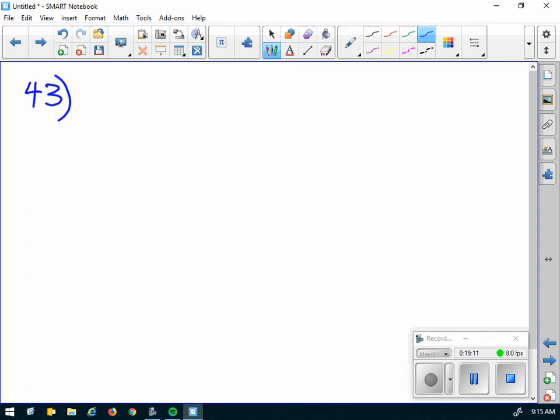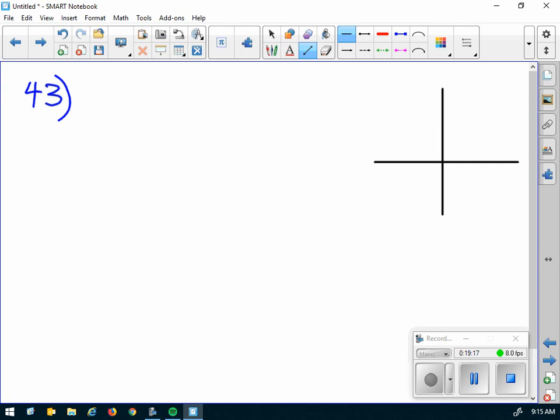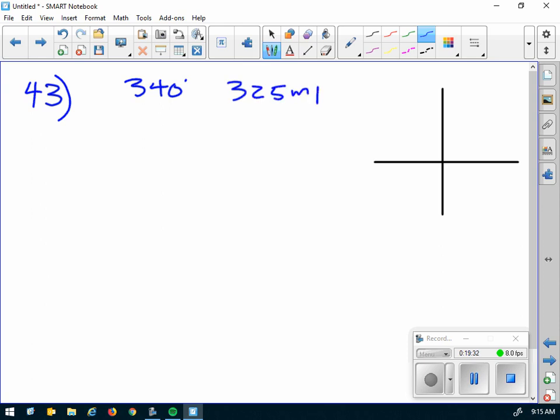So what I'm going to do, and I would really encourage you to do this, is just over on the side, draw. Now it says the airplane is flying on a bearing of 340 degrees at 325 miles an hour. We can't use 340 degrees because that's a bearing.